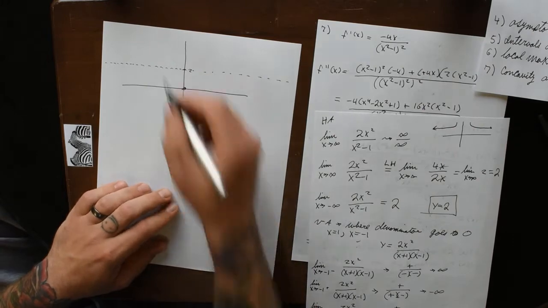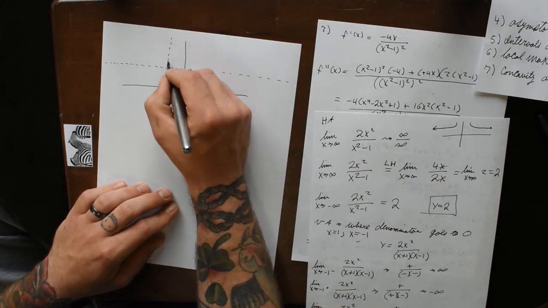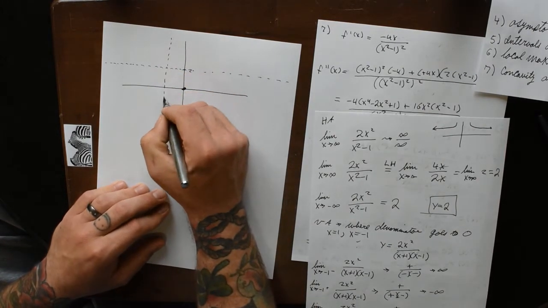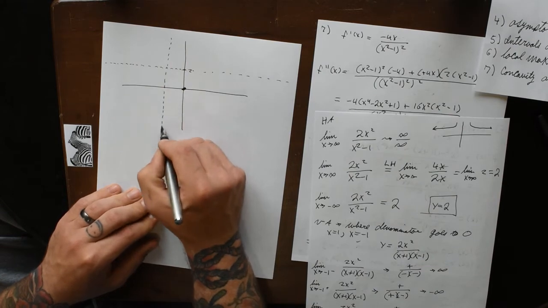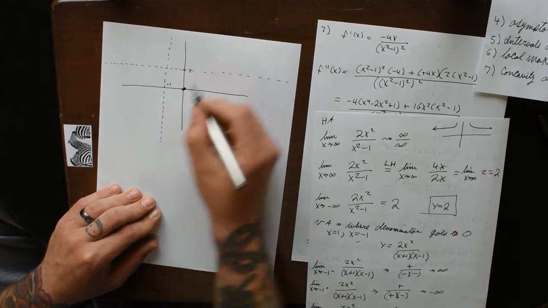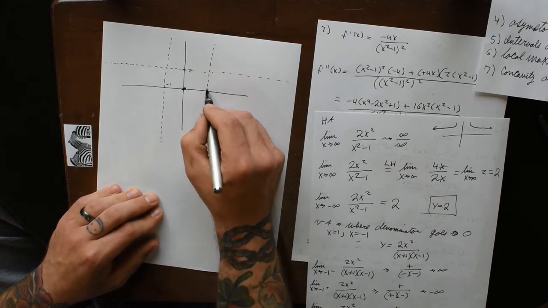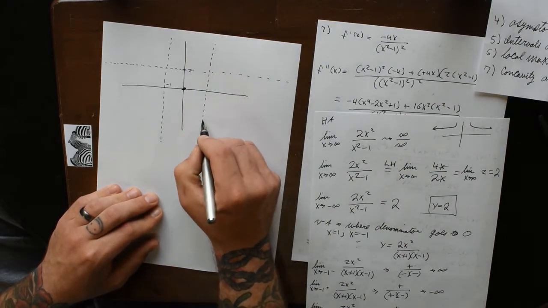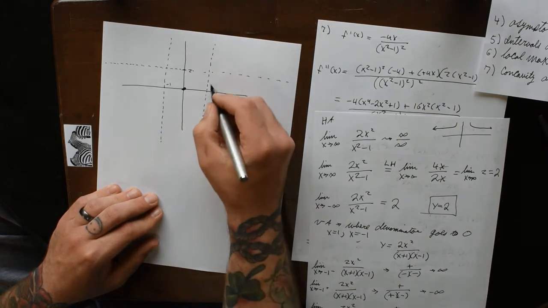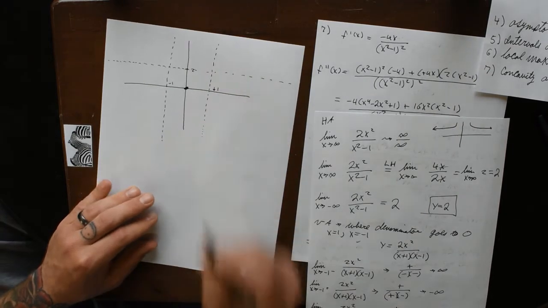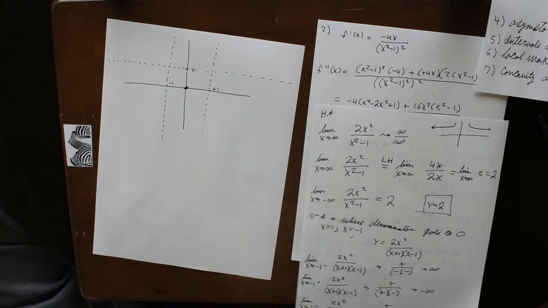And we also know we have these vertical asymptotes at -1, and another one at +1.